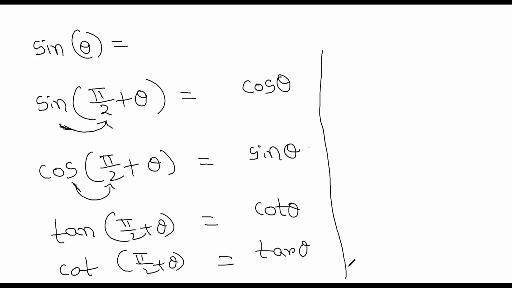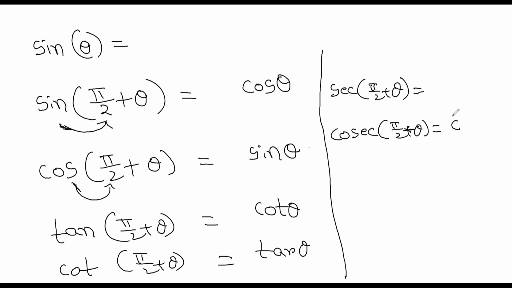Secant of pi by 2 plus theta becomes cosecant theta, and cosecant becomes secant theta. Whenever you add the angle with pi by 2, the trigonometric ratio changes from one function to another: sine becomes cos, cos becomes sine, and so on. That we have written over here.